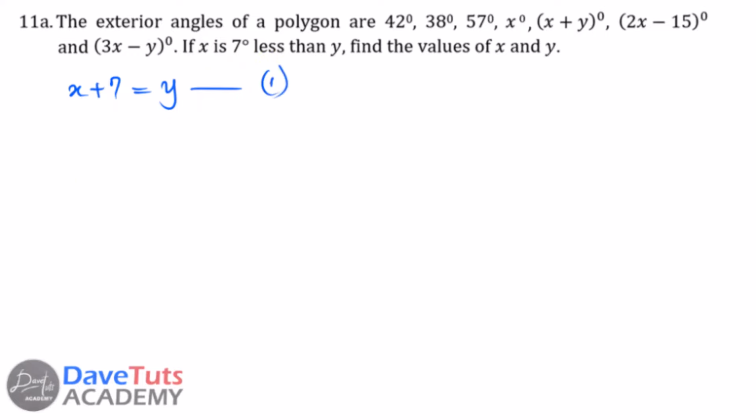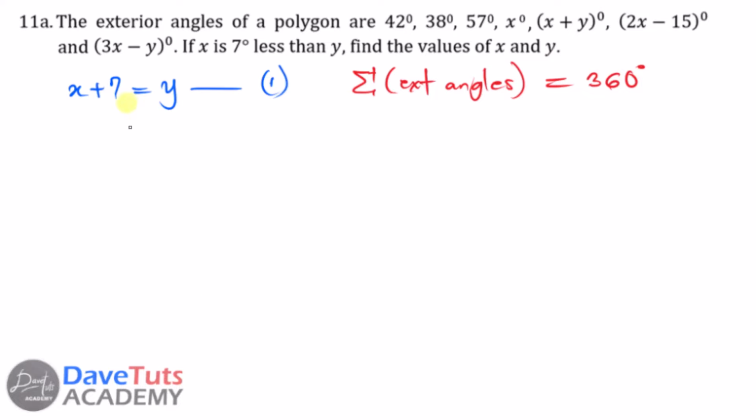So that's the very first thing I'm noticing. And then we have the fact that we are talking about the exterior angles of a polygon, and for you to be able to solve this, you need to understand that the sum of the exterior angles of a polygon is 360 degrees. If you understand this fact, then we have this as a first equation in 2 variables, and since x and y feature in all of these exterior angles, we can sum them to 360 degrees to give us the second equation.